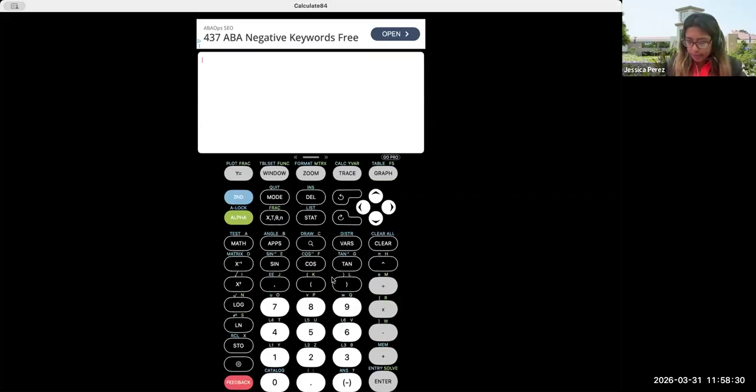If you have a MacBook or an iPad or an iPhone, this calculator is free. It's actually a graphing calculator, so it's a very nice device to have. I'm going to do 26 squared, and then take that product and multiply it by 10 raised to the third.